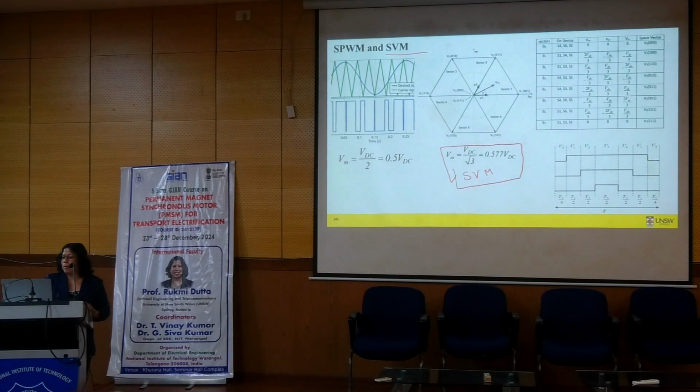Out of those, when all 3 bottom switches are off, or when all the top switches are off, you get the 2 zero vectors, and the others are active vectors because they will have certain values related to VDC. Those 6 active vectors can be plotted in a real and imaginary number plane, which will give you this hexagon.